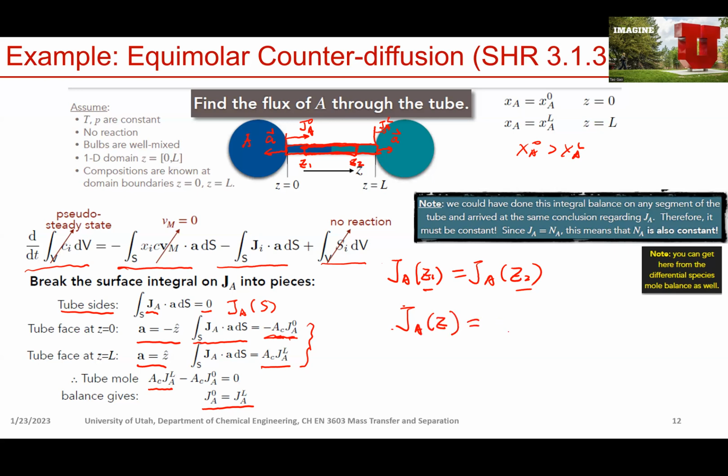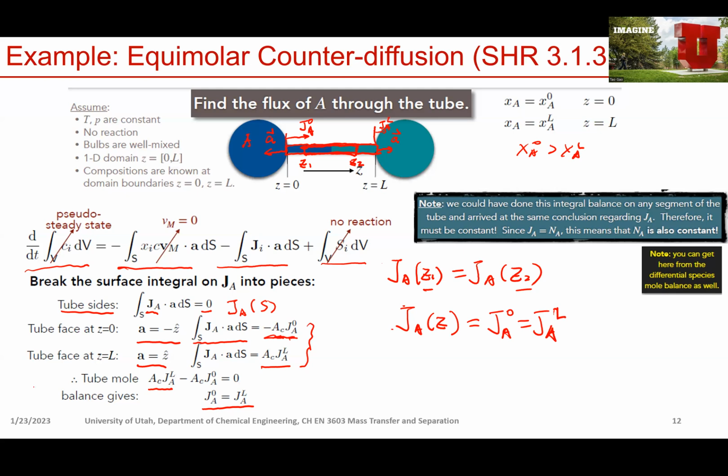It's going to be equal to JA naught and JAL. So basically the diffusive flux is constant all throughout the tube, right? You can get this conclusion from the differential form of the mole balance equation as well.